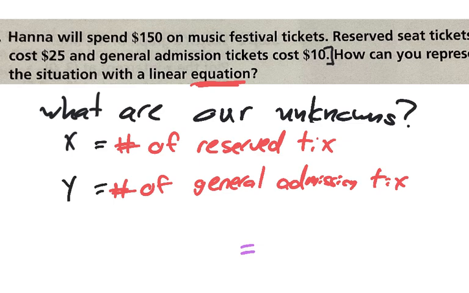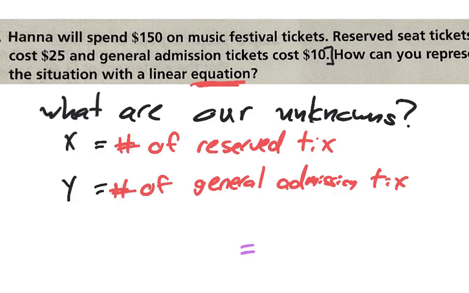Okay, so what do I know about the situation? She spent $150. So I would have said, well, she could have bought 15 general admission tickets. That would be $150 spent, $10 each on 15 tickets. Anybody got a different answer that could work?